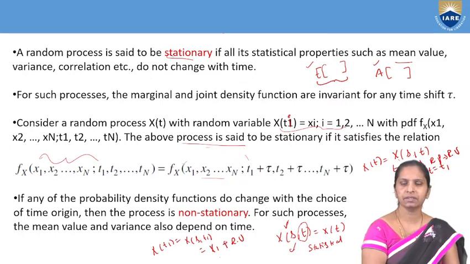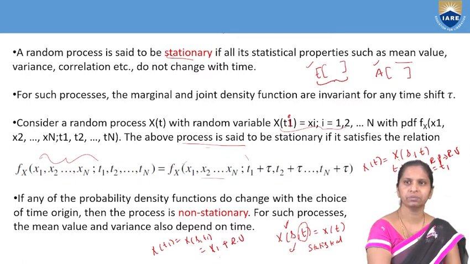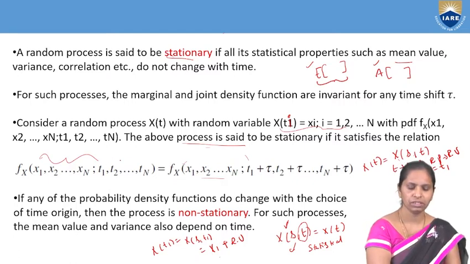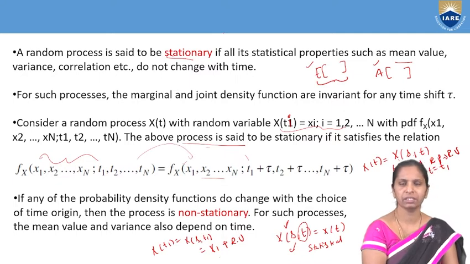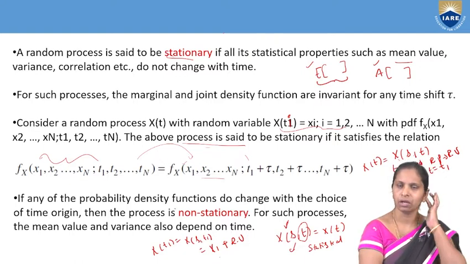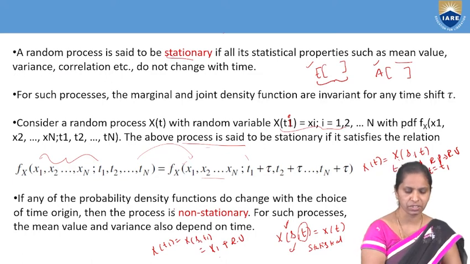If the statistical properties change with time, then the joint density function will also change with time. If t1 is changing to t1 plus tau, then the density function value is changing. So the joint density function is also changing with time. If they are changing with time, then the corresponding statistical properties will also change with time. Then the type of random process is called a non-stationary random process.